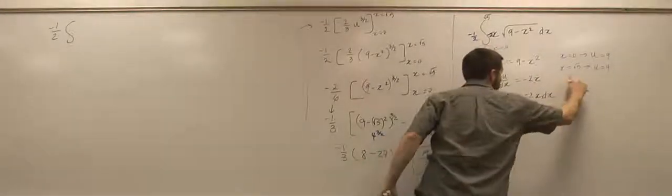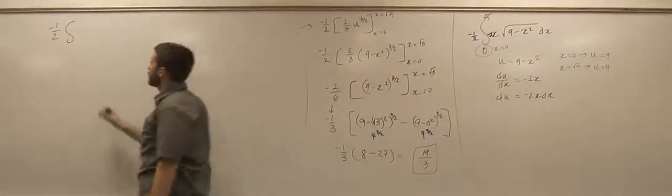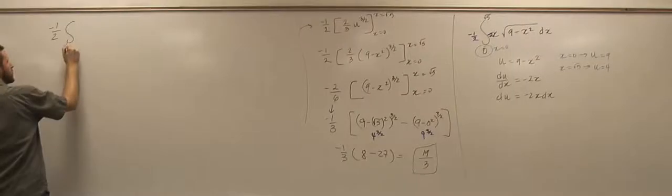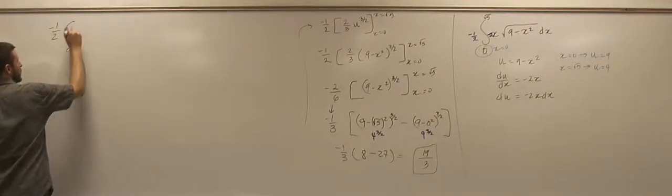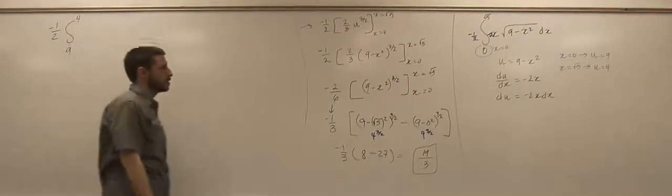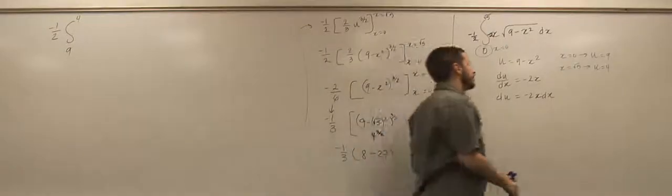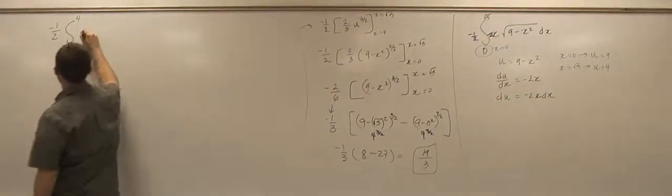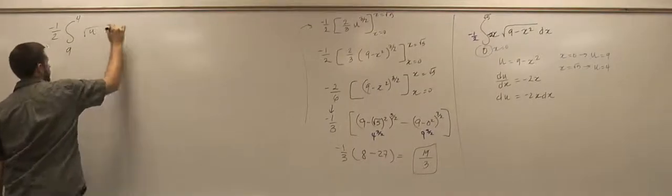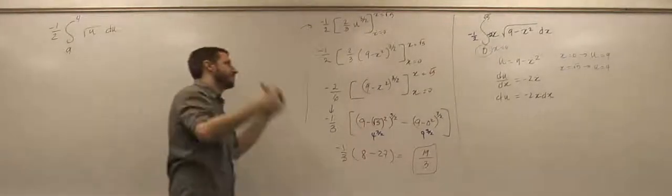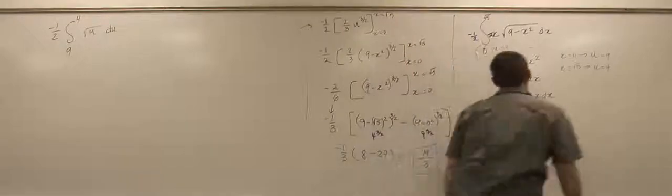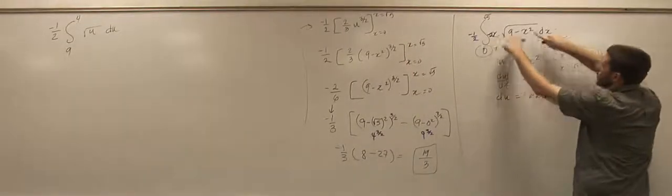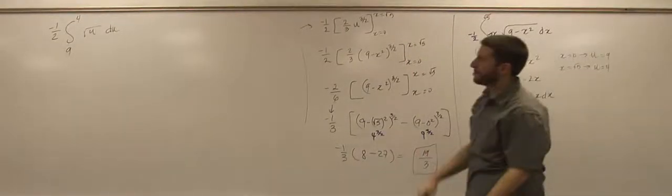And the √5 corresponded to u equals 4, so I should do it like this. And then inside the integral, I have √u du. Here's my du, here's my √u.